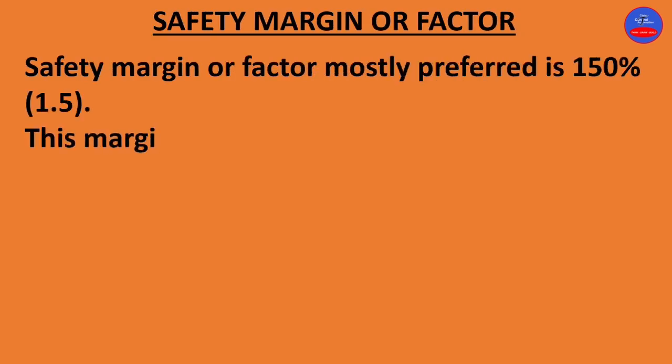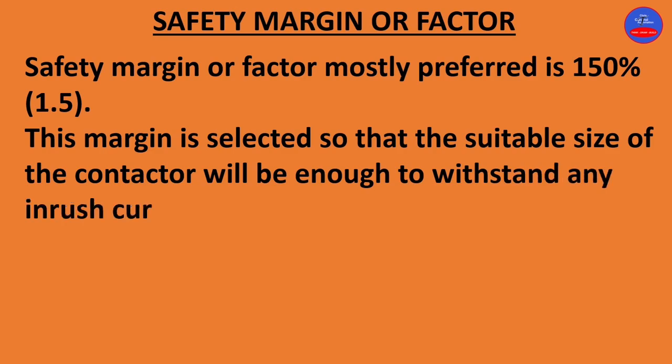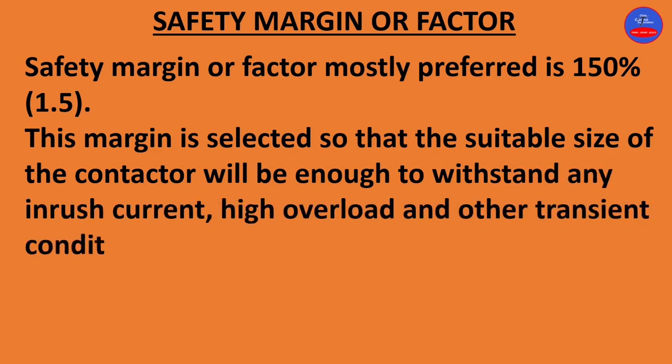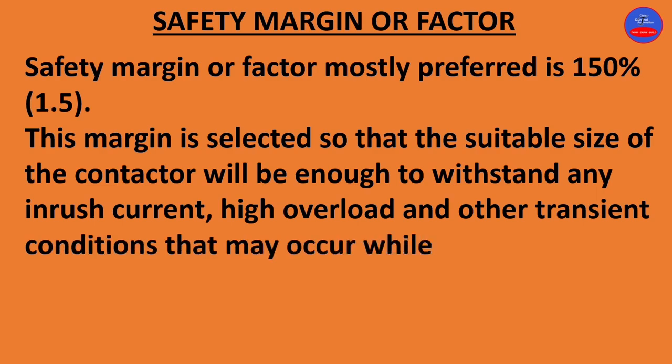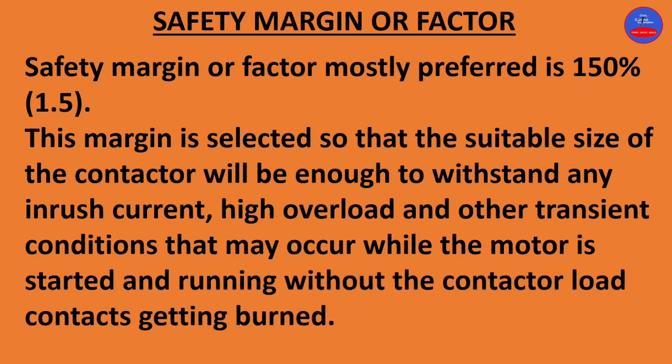Safety margin or factor mostly preferred is 150%. That is 1.5. What it means is that when we calculate for the size of a contactor, all right, we have to use 1.5. That is the mostly preferred factor or the value or the margin. Okay, why?